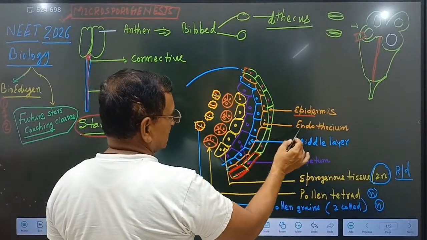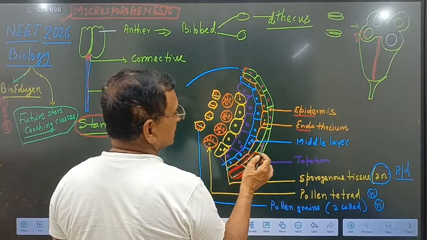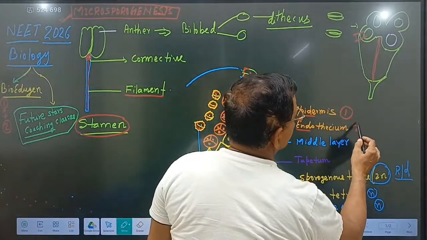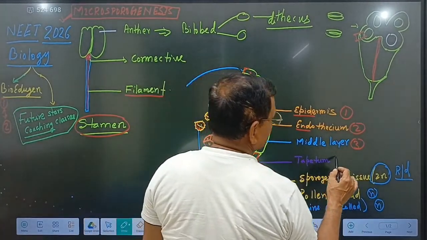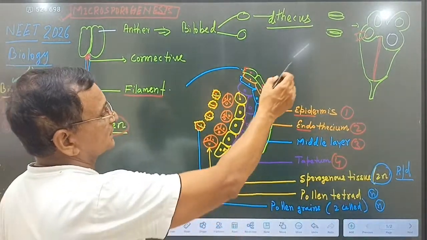Below the epidermis there is the endothecium. Below the endothecium, the third layer is the middle layer. So first is epidermis, second is endothecium, third is middle layer, and the fourth is tapetum, going from outside to inward in this chamber.